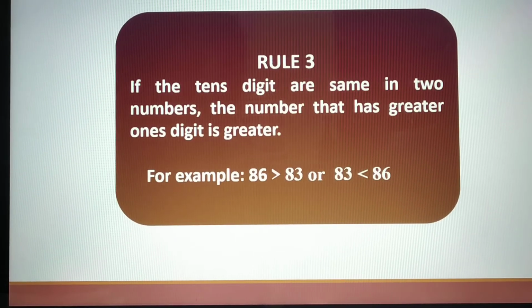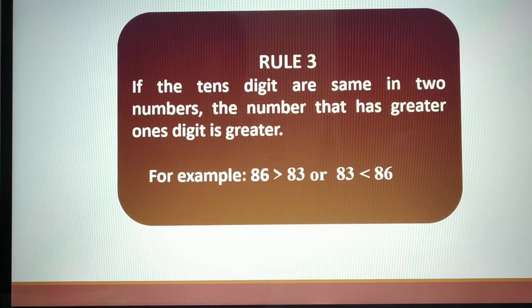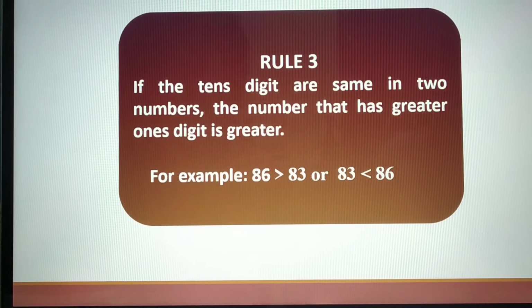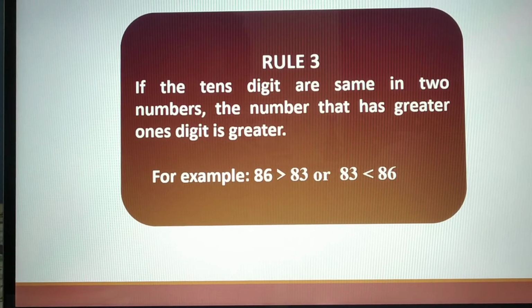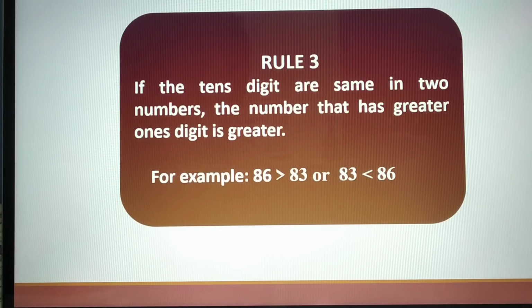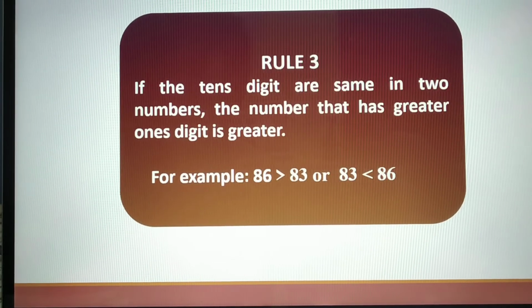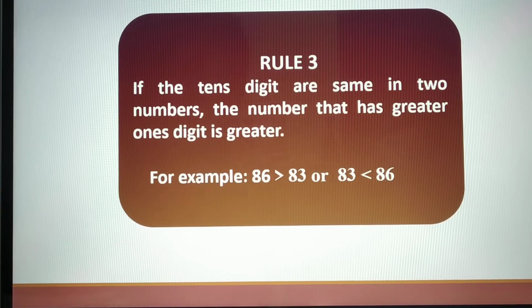You forget greater than, smaller than or less than. 86, 8 tens, 6 ones. In 83, 8 tens, 3 ones. So here also 8 tens, here also 8 tens. Confusion. Now how we will understand? How we will make out which one is the bigger one?